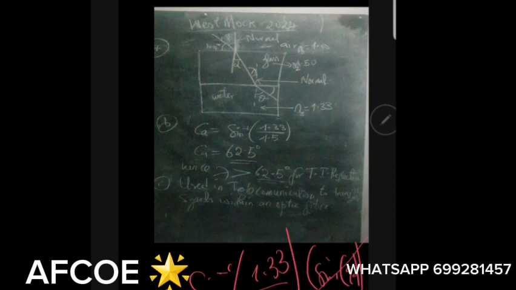If it is the opposite, that is, moving from a less dense medium, it will be 1.5 all over 1.33. And 1.5, I can just keep as 15. It will be sine inverse of 15 over 10, let me put 150 over 100, divided by 133 over 100.